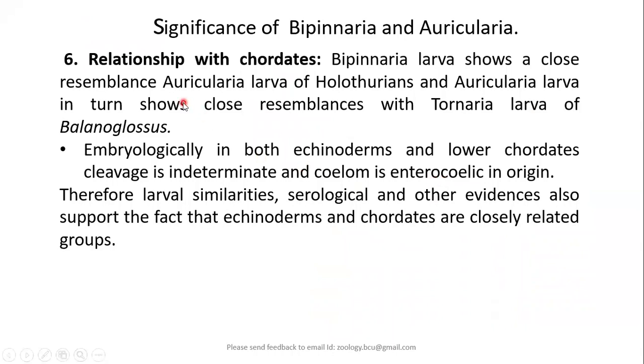Then coming to the last important significance of these larvae, the Bipinnaria larva shows a close structural resemblance with the Auricularia larva of holothurians on one hand. On the other hand, the Auricularia larva in turn shows close resemblances with the Tornaria larva of Balanoglossus.